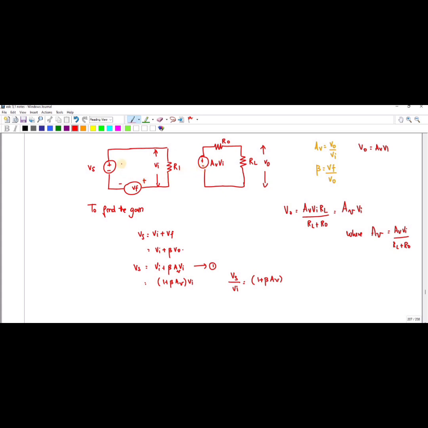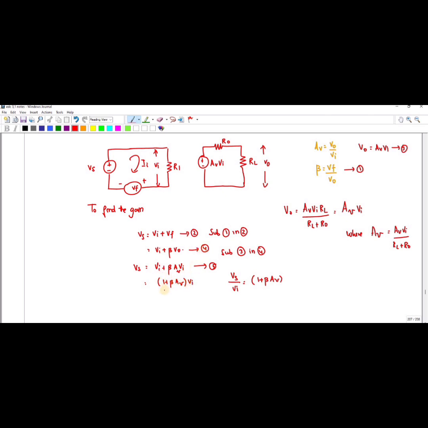Now I am applying KVL for this one. If I apply KVL, I can write Vs = Vi + Vf, where Vf I can write as beta V0. Substituting the first equation in the second, and the third equation in the fourth, you will get this fifth equation.